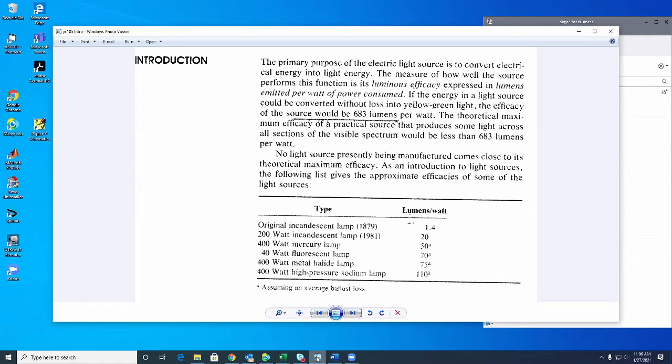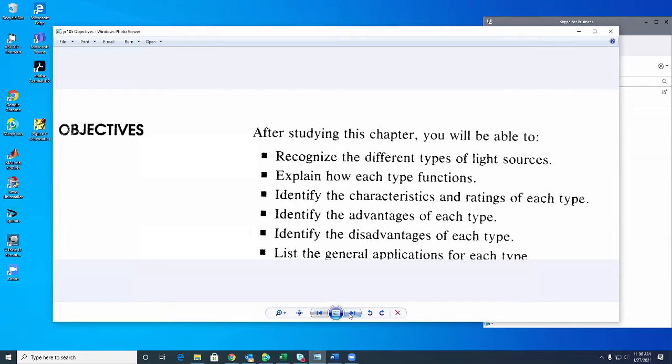And then look at the original incandescent lamp in the year 1879. That was the lamp invented by Thomas Edison. And look how inefficient it was. A ballast. Okay. So now let's go to the next.